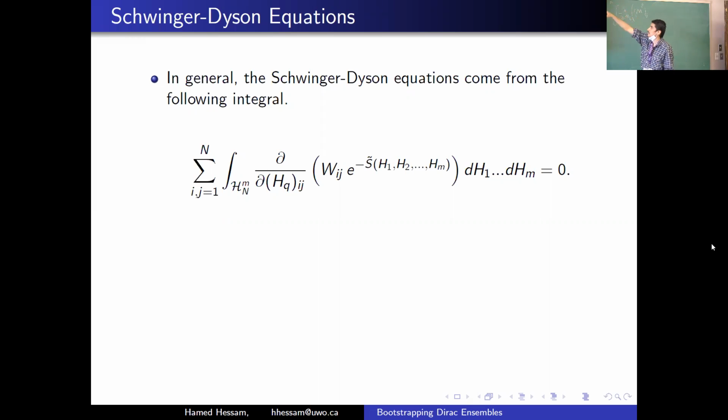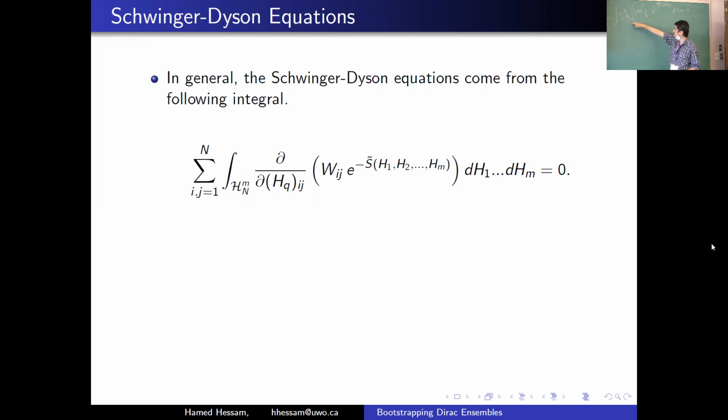This is Wij, times e to the power minus trace of V of M, where V is the potential. In this case, the integral of the total derivative equals 0. Each term is zero, but we will sum over i and j.